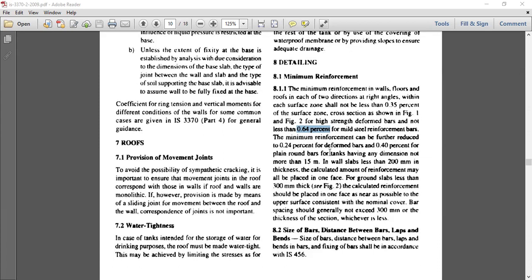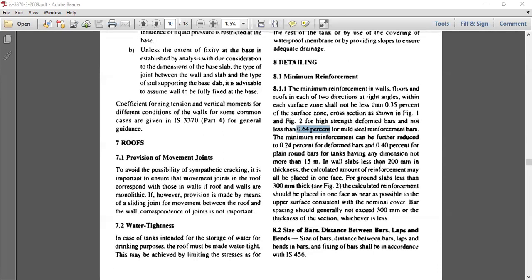It can be further reduced to 0.24 percentage for deformed bars and 0.4 percentage for mild steel in case where any dimension of the tank is not more than 15 meters. So when the dimension of the tank is less than 15 meters, you can reduce up to this.